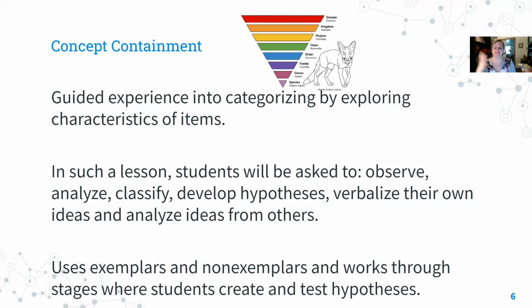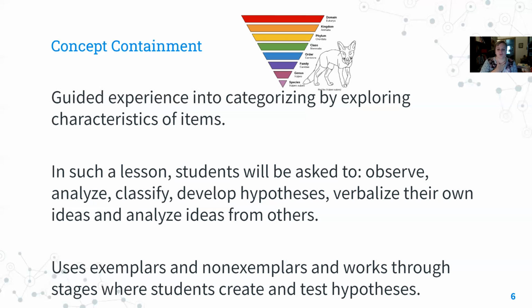But this is just like what we do when we work in biology on phylums. It's about funneling students in their thinking by using categories. So in a concept attainment model of teaching, this is really guided experience into categorizing and exploring the characteristics of items. So it involves a lot of observing.